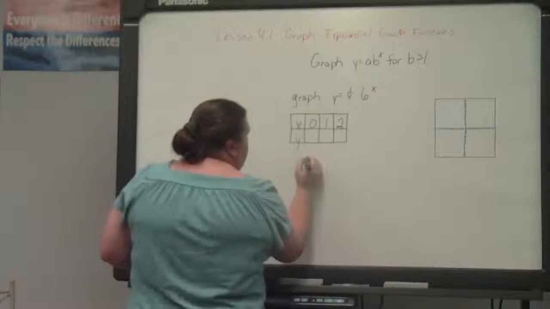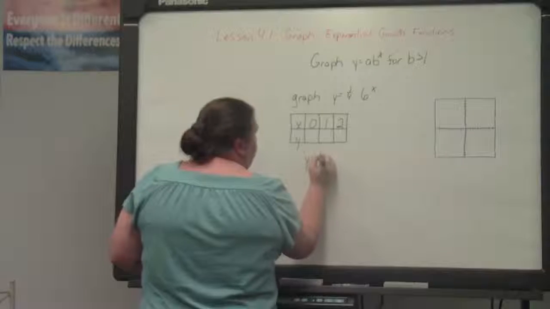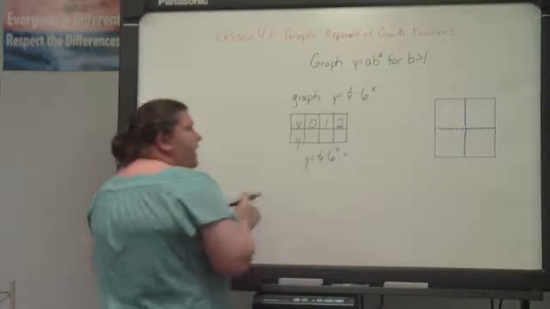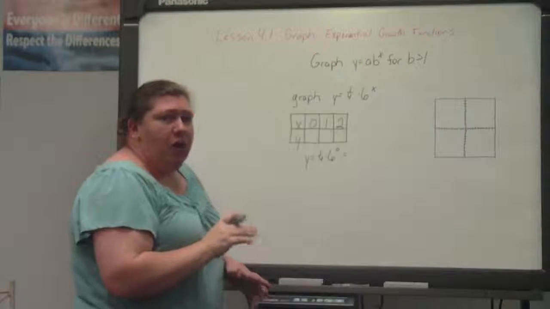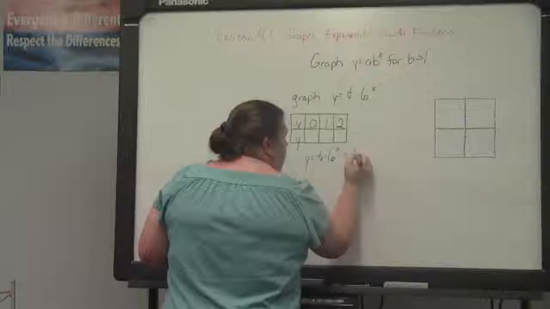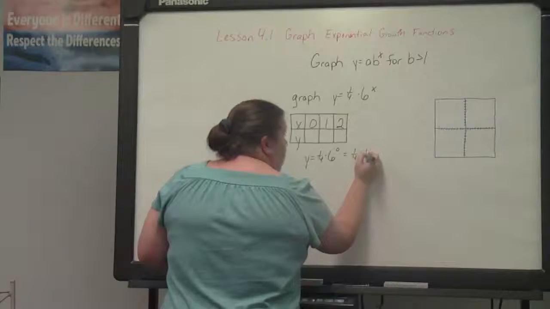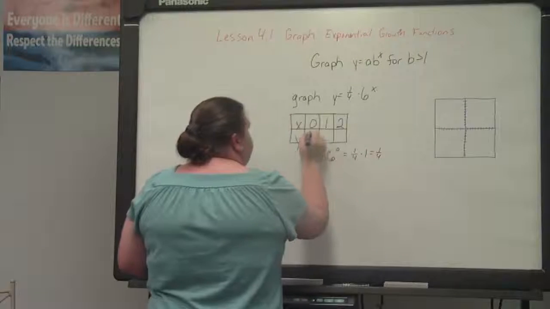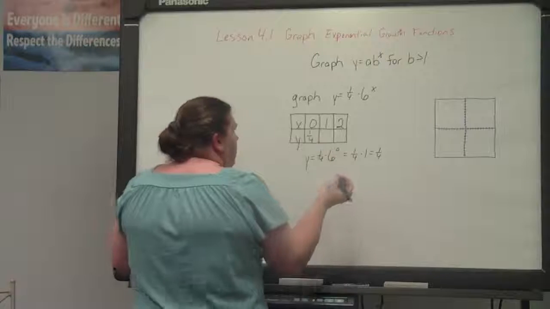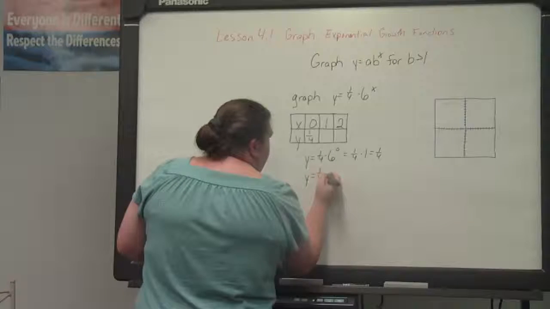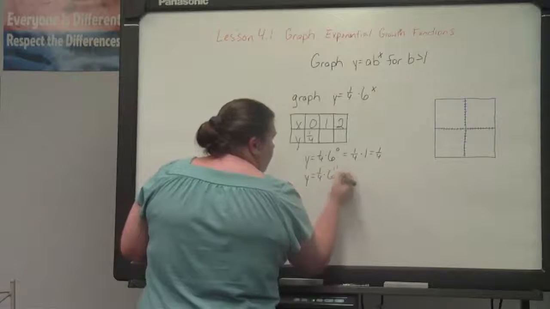I've got y equals 1/4 times 6 to the 0 power. Anything to the 0 power is 1. And so this becomes 1/4 times 1, which is equal to 1/4. Again, I've got y equals 1/4 times 6 to the first power.